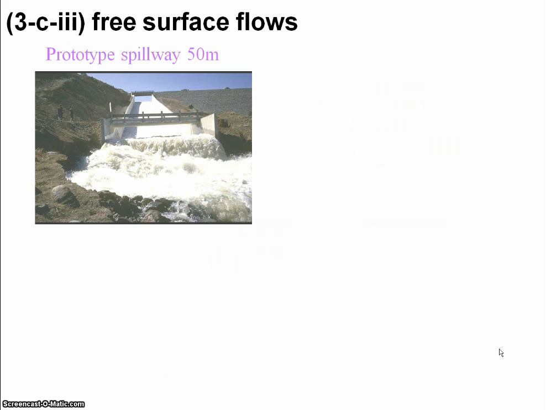Okay, so this is a free surface flow example. As you can see from the previous one, the prototype spillway is 50 meters. Now we design the discharge, which means this prototype needs to release 20,000 cubic meters per second of water, which is a lot of water.